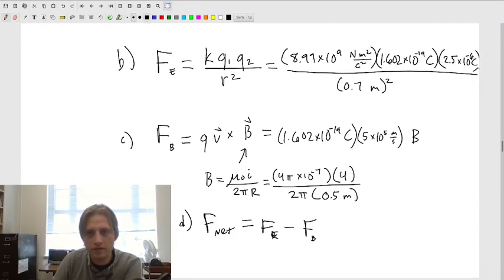So that's this number in Tesla that I put in there. Take this times this times this, and you're going to get a number for your force from the magnetic field, and a number for your force from the electric field, and then you can take a difference, and that would give you your net force.